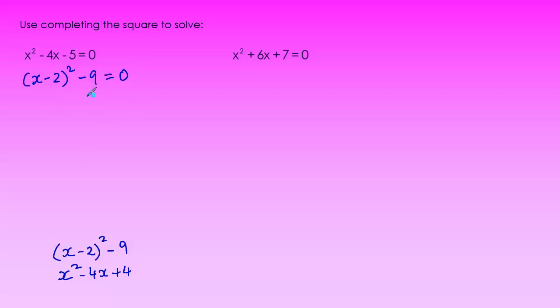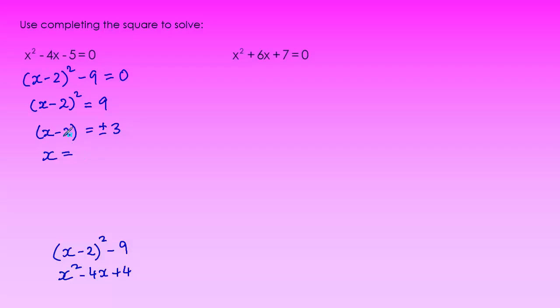Now we could factorize from here, but we don't have to. What we can do is say that x minus 2 all squared would be equal to 9. And that means that x minus 2 could be equal to positive or negative 3. 3 times 3 is 9, negative 3 times negative 3 is 9.